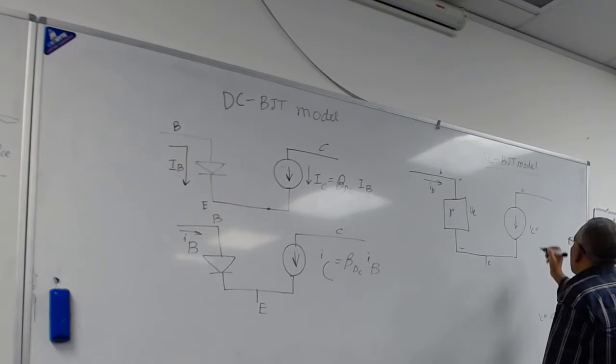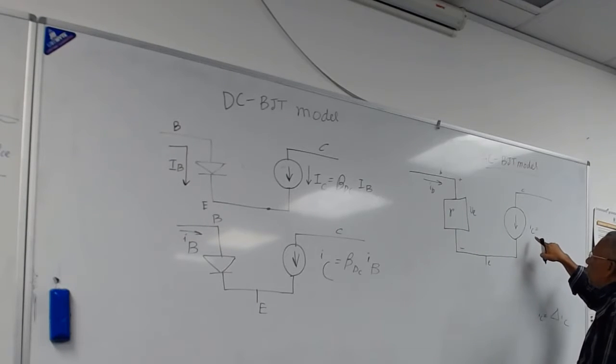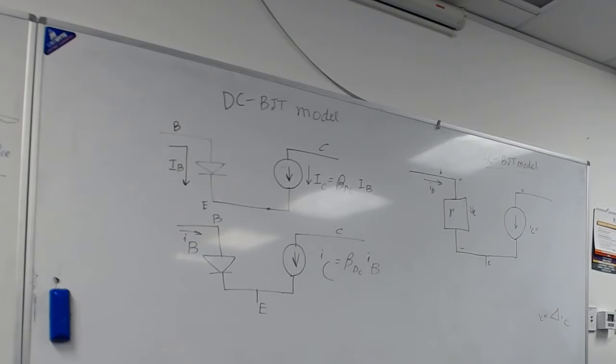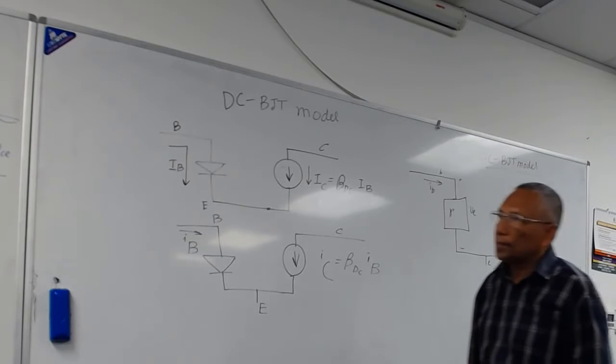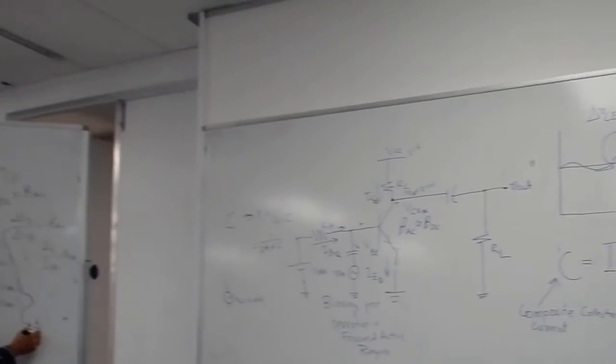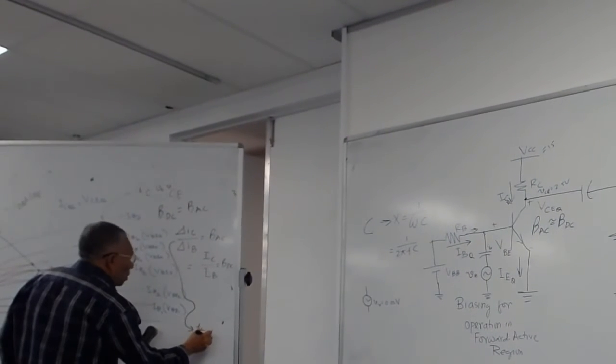And you have a collector current here. What is the relation between this collector current and this base current? You can also write this as small i_c divided by small i_b equals beta AC.